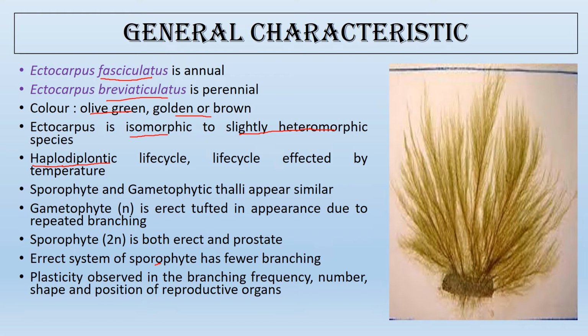So two types of Ectocarpus are there depending upon the species. Some are isomorphic, some have heteromorphic alternation of generations.